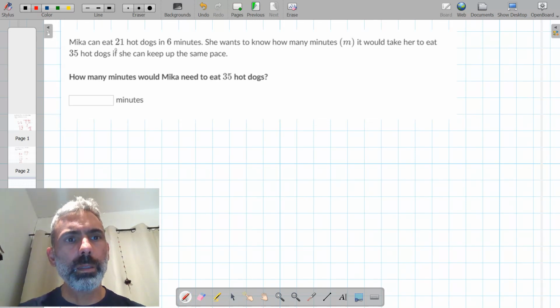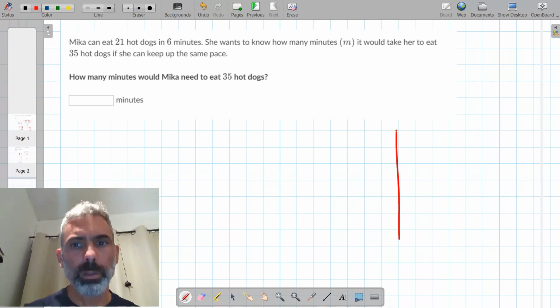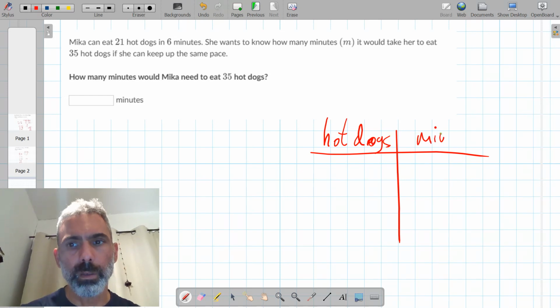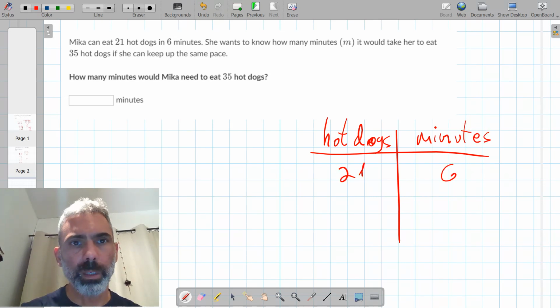Mika can eat 21 hot dogs. Okay, so hot dogs and minutes. So she can eat 21 in 6 minutes. She wants to know how many minutes, M, it will take her to eat 35 hot dogs if she can keep up at the same pace.